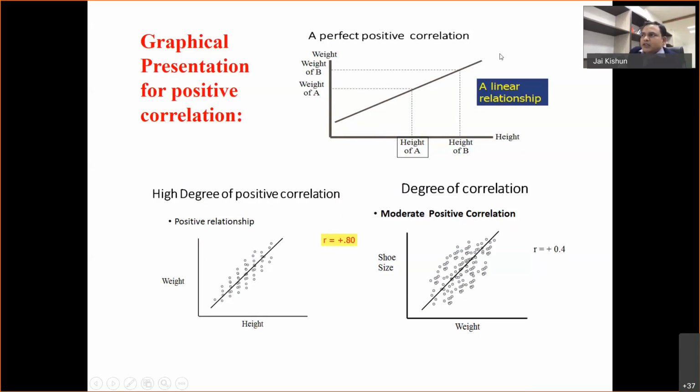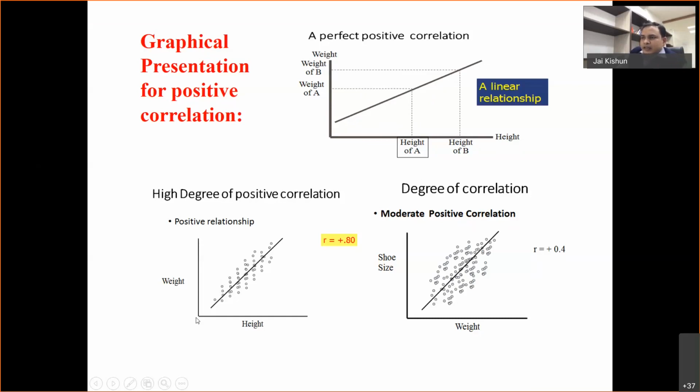So perfect correlation means, in that case, we will get the value of this R about which we are talking. We will get R equal to 1, meaning there is a perfect relationship and all the points are coming on this straight line.